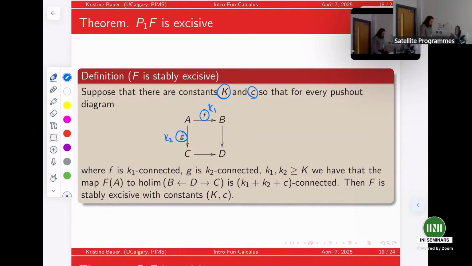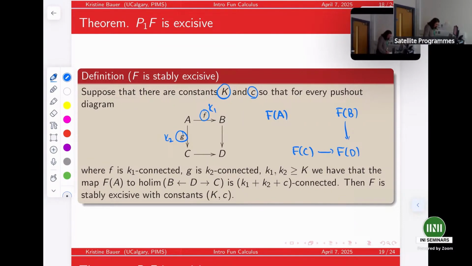then what I want is that when I apply F to the entire diagram, remember, this might not be a pullback diagram, but I can take its homotopy pullback.